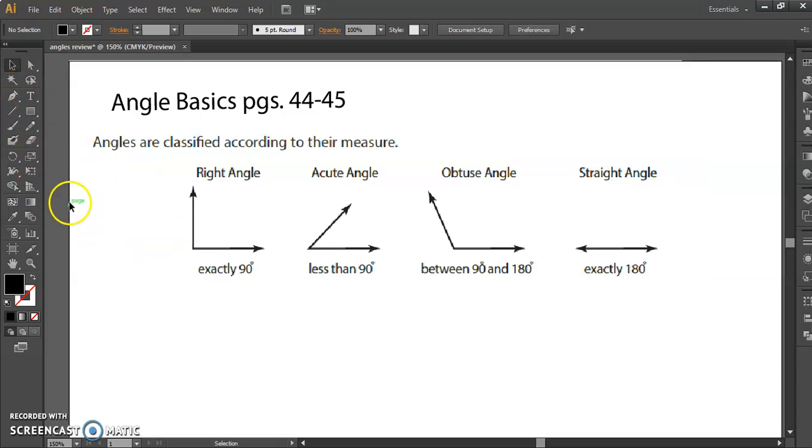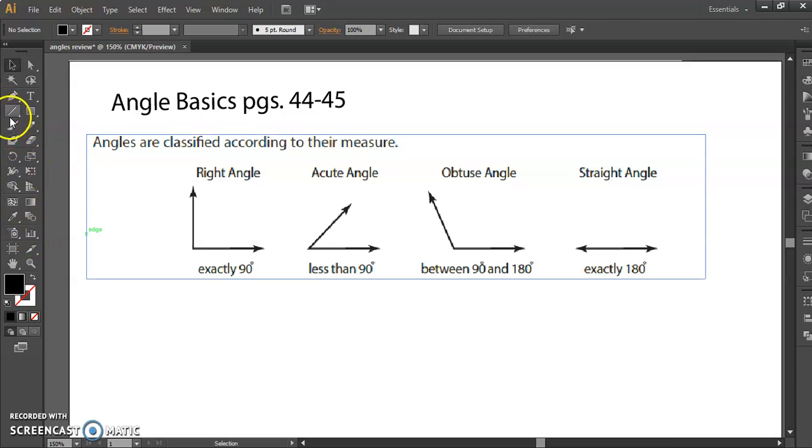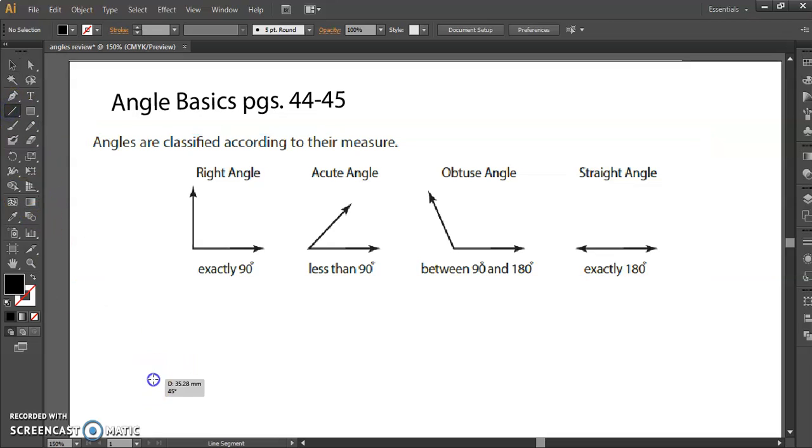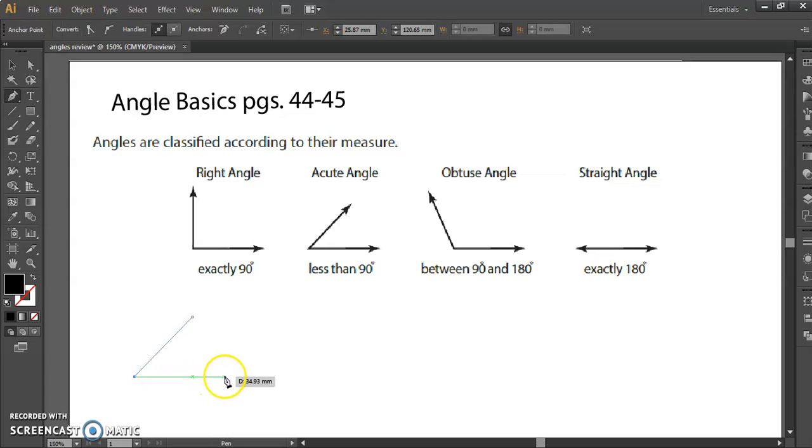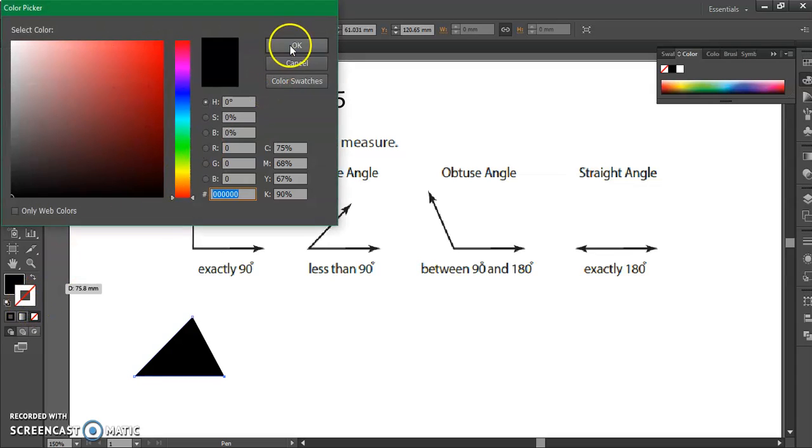Now, in the video, we saw that angles can also be named, but we didn't really take notes on that. So I'm going to go ahead and draw out an angle here, and we're going to practice naming the angle.